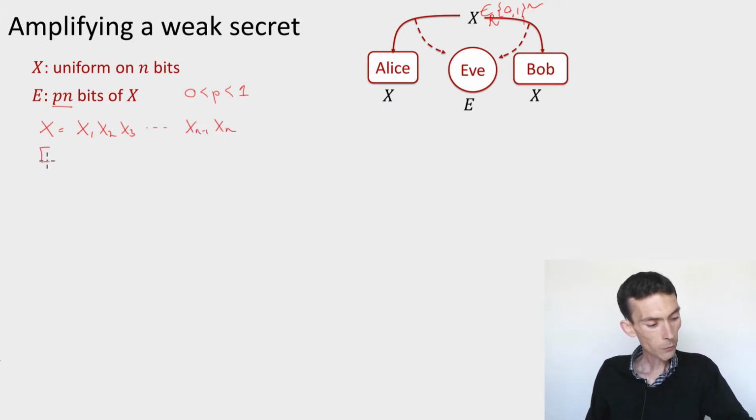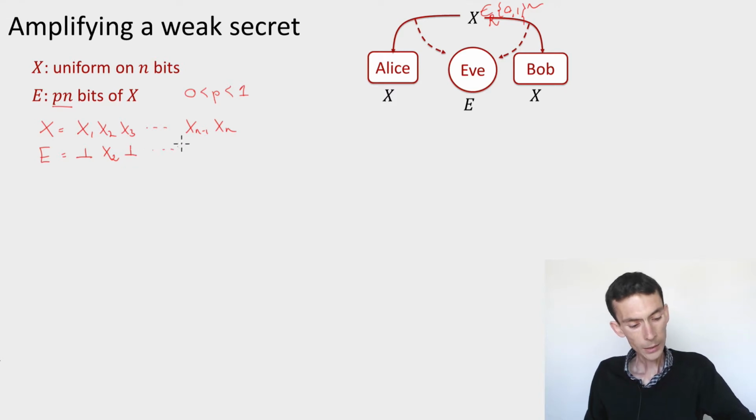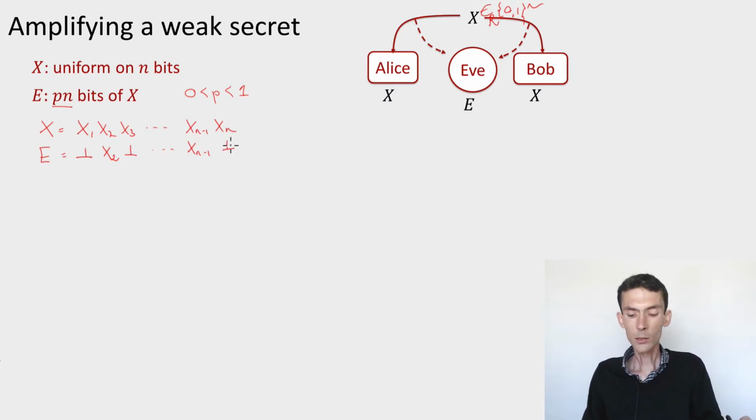And think of the side information as being either a blank symbol when the bit has not been stored, or a copy of the bit. So for instance here the eavesdropper has x2, does not have x3, etc. Maybe it has x_{n-1} and does not have x_n. Right? So it keeps pn of the bits in this way.